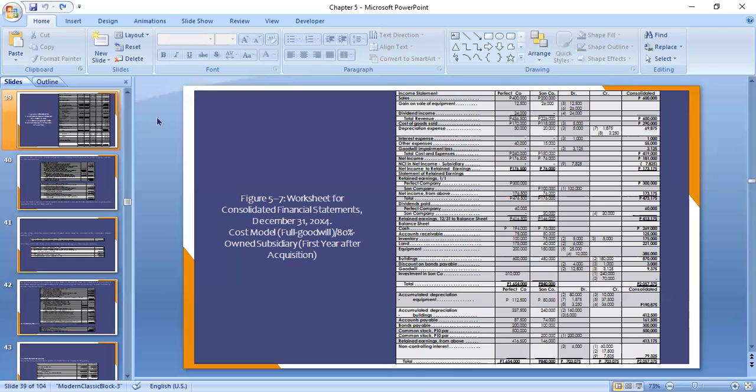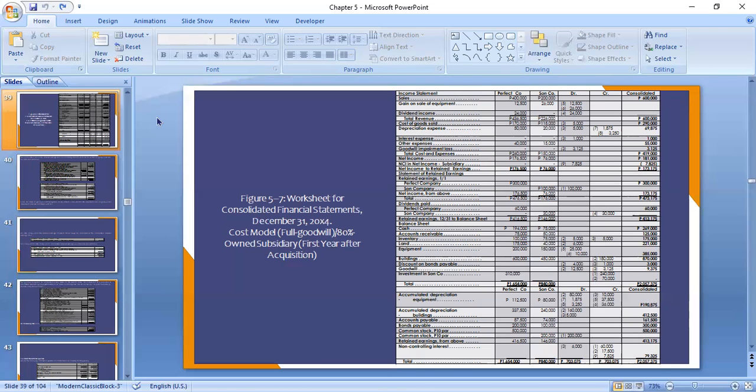Again, we have to extend to the consolidated column before the preparation of the consolidated statements. So we have the elimination entries. Actually, they are properly numbered.